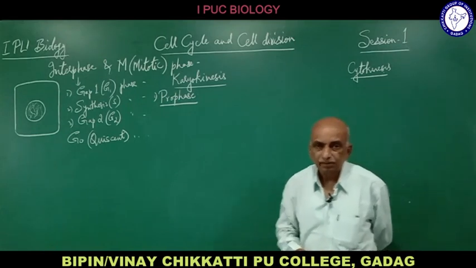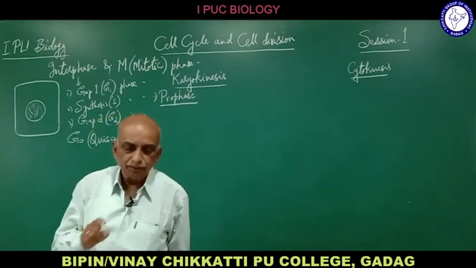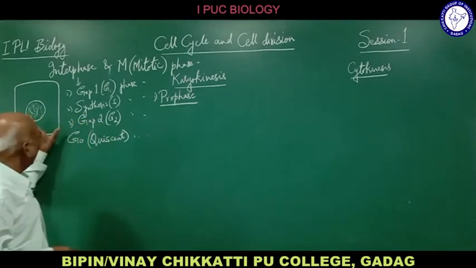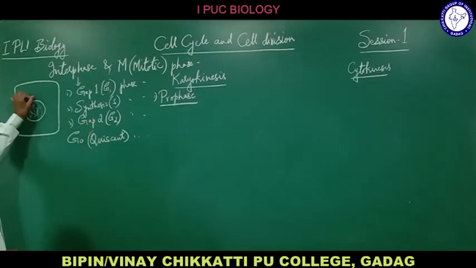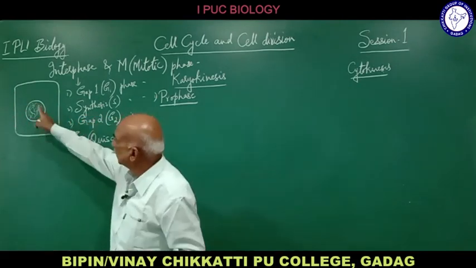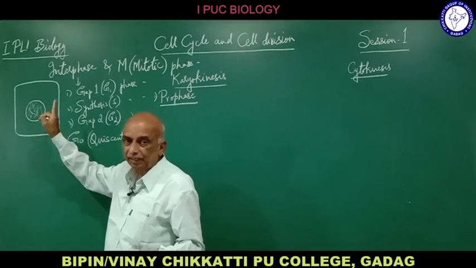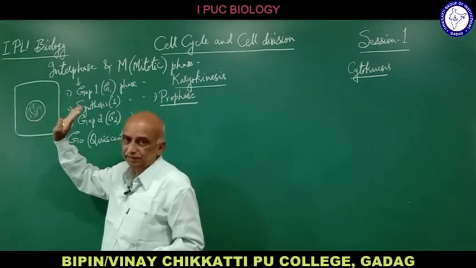Karyokinesis means the division of the nucleus. After preparation, the nucleus will first divide. This division of the nucleus to form two nuclei is called karyokinesis.